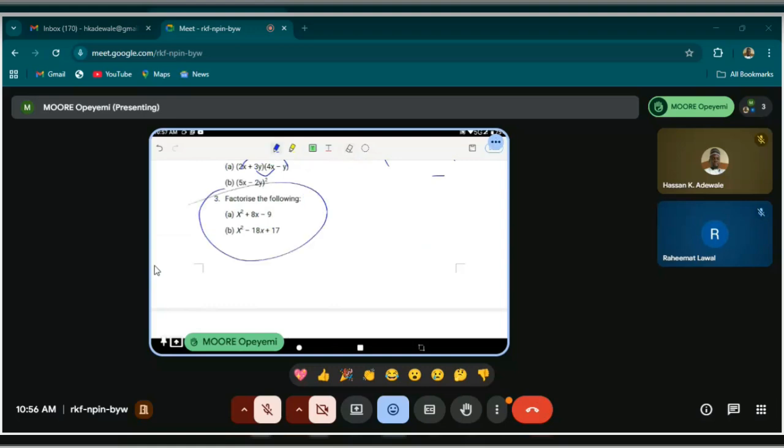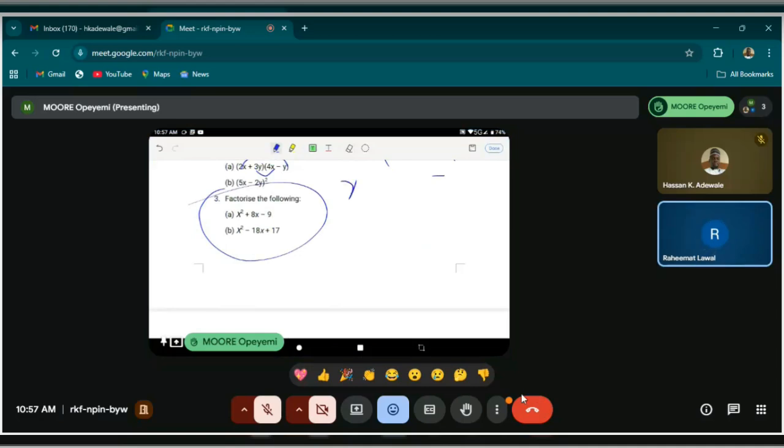Like this now. Factorize the following. X minus 1, x plus 9. Go on.